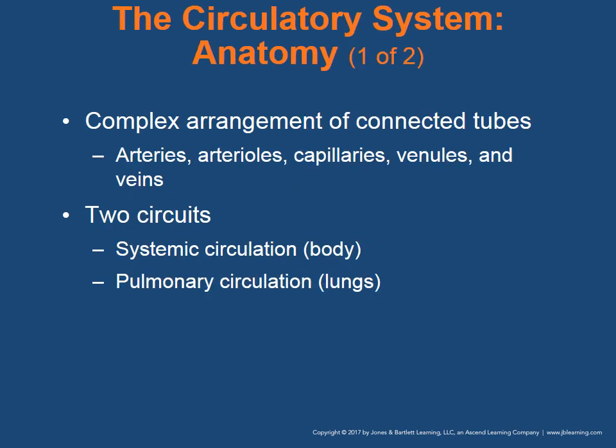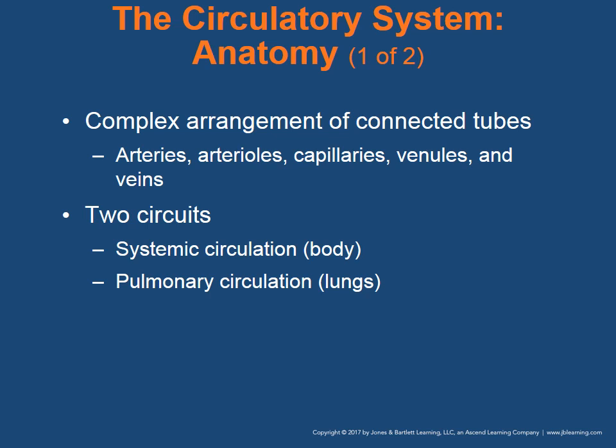All right, so next up is the circulatory system anatomy. This is a complex arrangement of connected tubes: arteries, arterioles, capillaries, venules, and veins. It goes from arteries down to arterioles, down to capillaries, which are the smallest size. That's where the respiration, external and internal, happens, and then back to the venules and veins, back into the venous system.